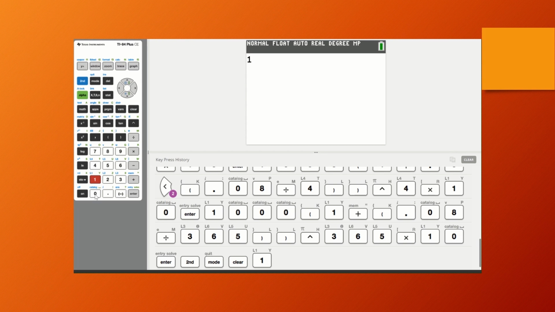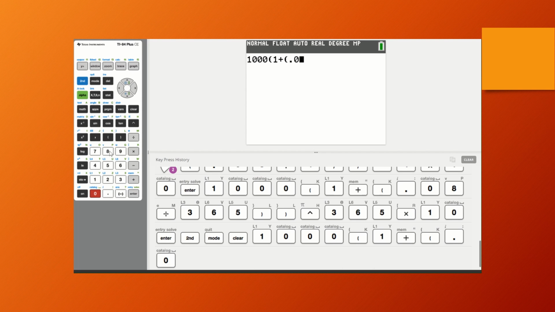So I got P, 1,000, times 1 plus, I need to hit a parentheses in here, 0.08 divided by 2, semi-annual was our first option, double close of the parentheses, hit the caret button, raised to the power of 2, and we're doing semi-annual compounding, times 10, remember it's over 10 years.